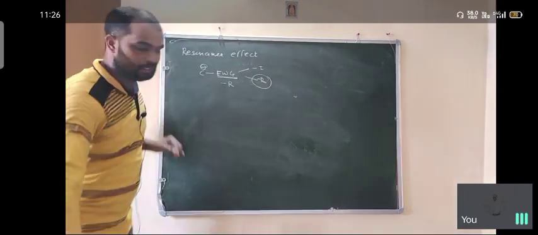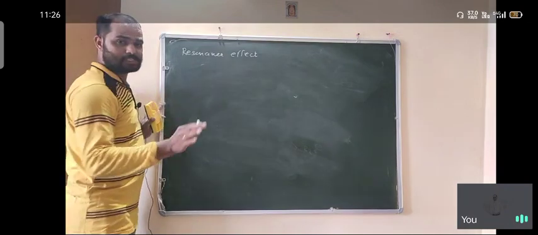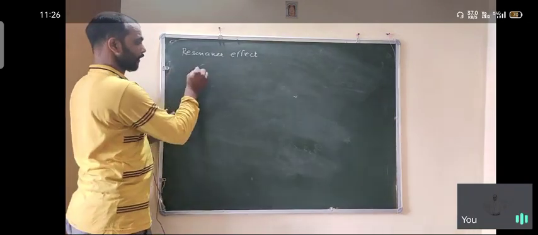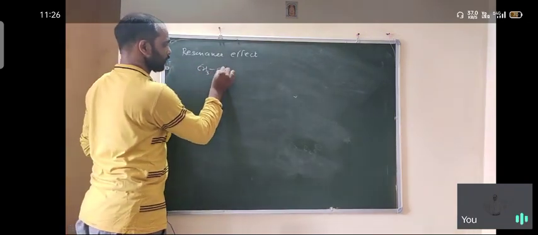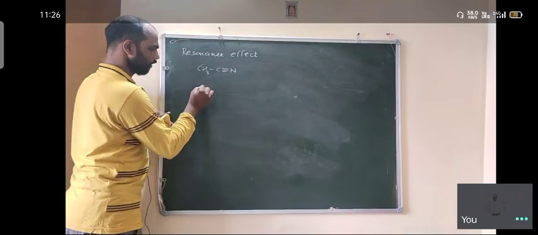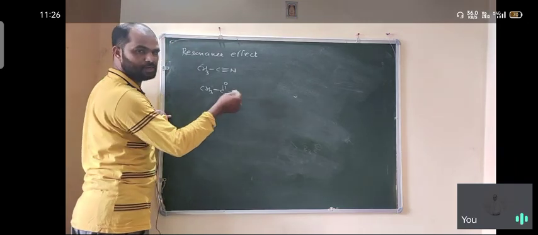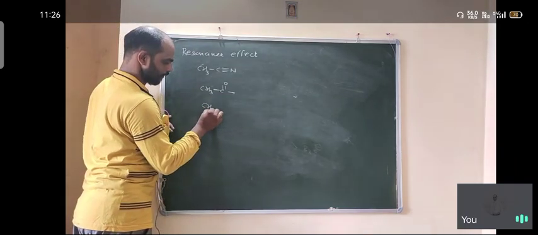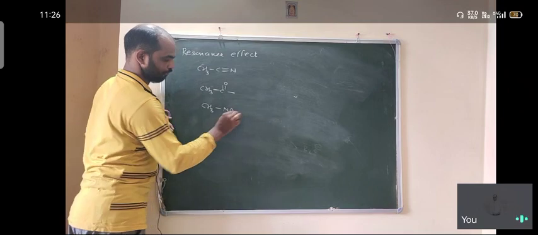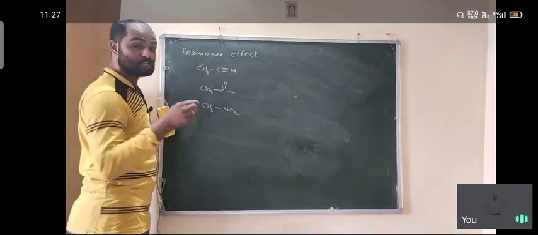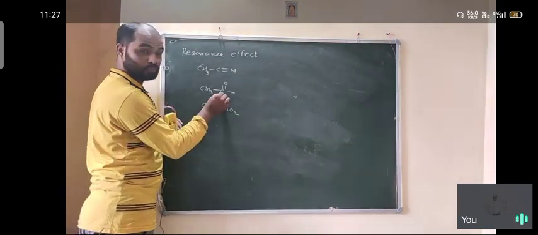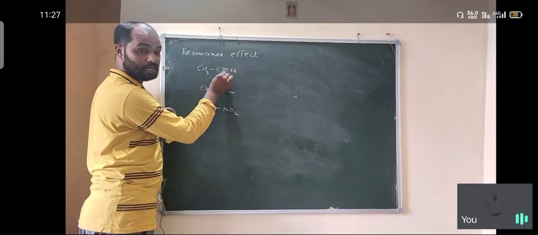For that we are again taking the same examples already discussed in the formation of carbanion. Suppose CH3C triple bond N. Second example, CH3C double bond O R, whatever, aldehyde or ketone. Here CH3NO2. So which has more effect? The carbonyl has more effect as compared to cyanide.